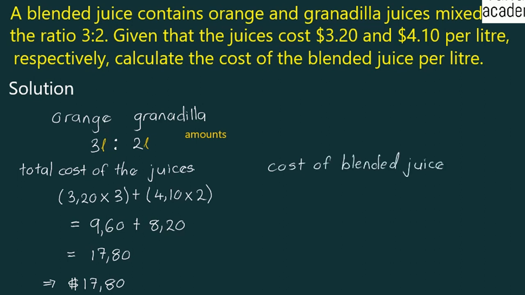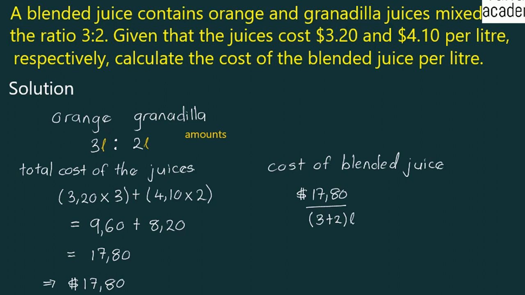Alright, next we can now go on to calculate the cost of the blended juice. Since we have the total cost of the juices, we can divide the total cost of the juices by the total amount. In this case, that would be $17.80 divided by the total amount, that's 3 plus 2. We are talking about 5 liters using the ratio 3:2. It's just a ratio though, and we're using it in liters so that we can get our solution.